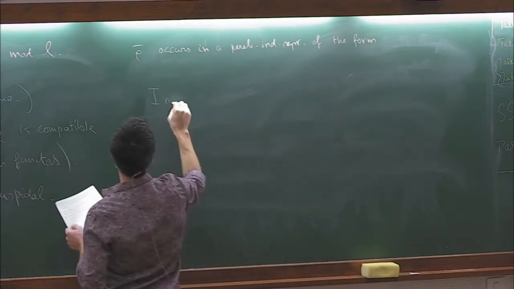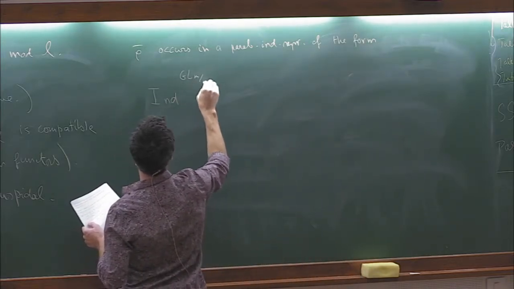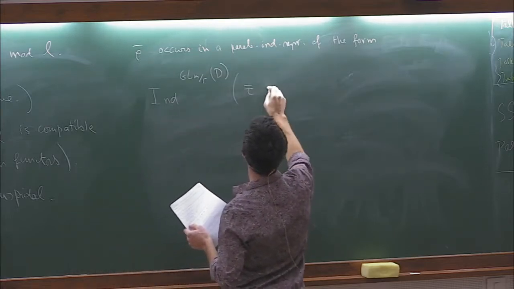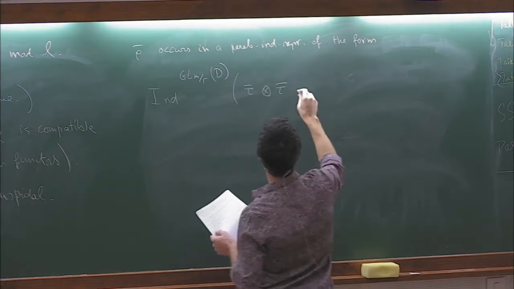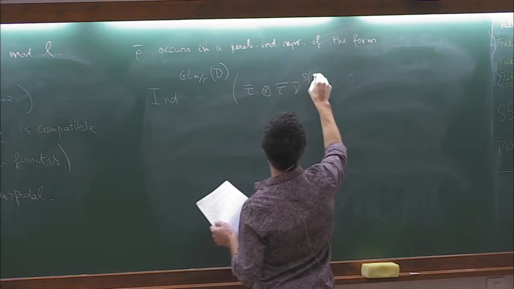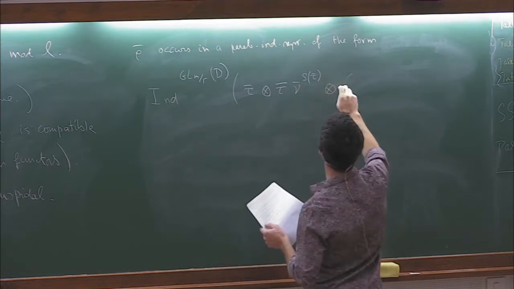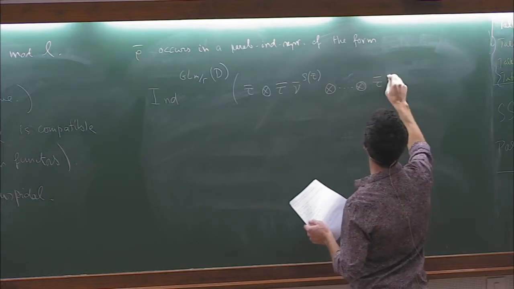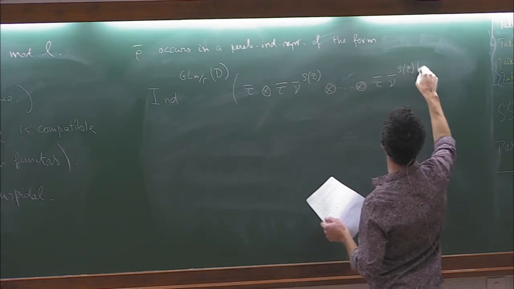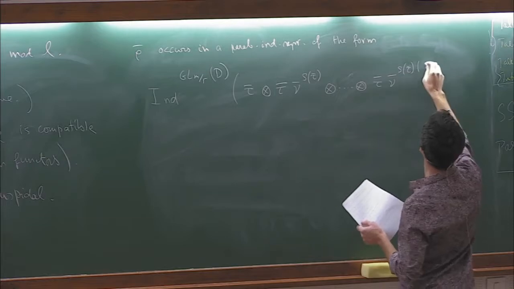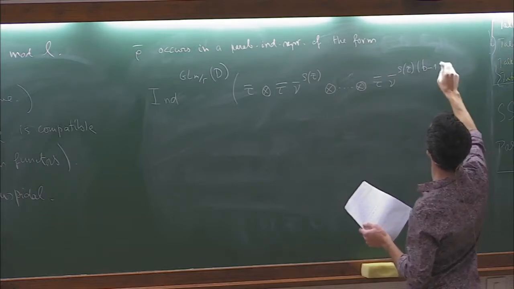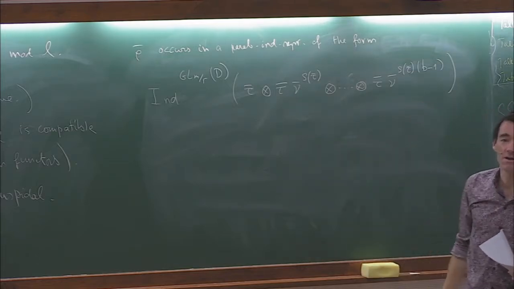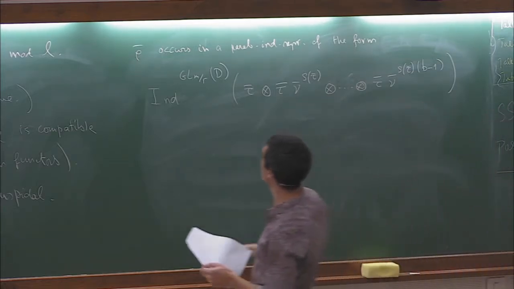parabolic induction to GL_m over R of D of tau bar tensor tau bar twisted by nu bar to the s of tau bar, and so on until tau bar twisted by nu bar to the s of tau bar. By definition I denote by b the number of terms in the tensor product.